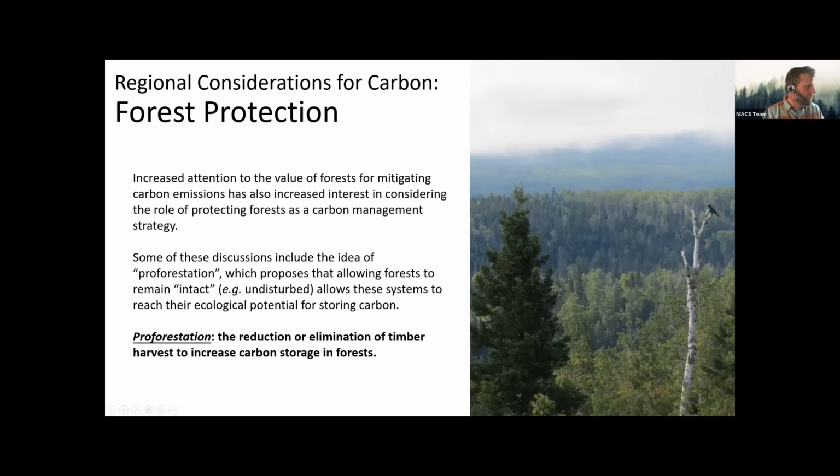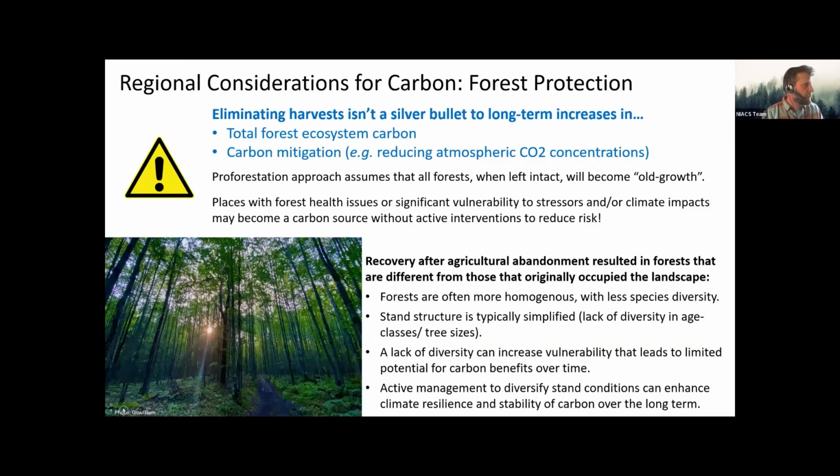And so this comes up repeatedly, and I think it's important to recognize that as part of the conversation. I always say yes, but there's this really strong caveat that relates to a lot of what I've just described. Forest protection is important and can be very effective where it is appropriate, but it's not a silver bullet.